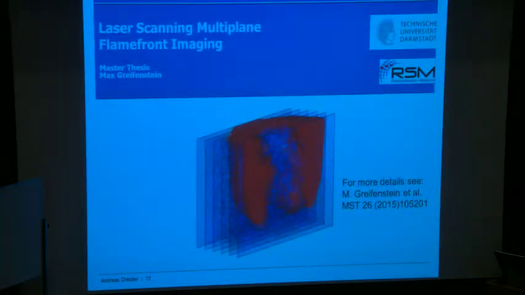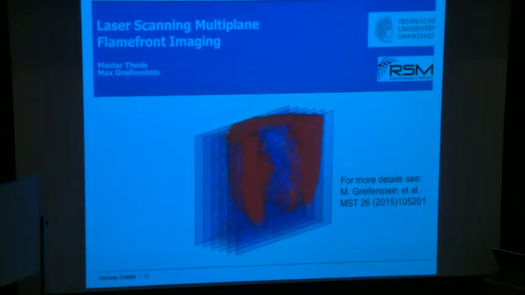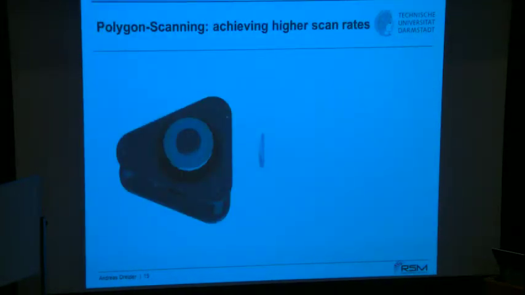How to do that? A couple, maybe two to three years ago, I looked for a capable student coming up with ideas how to do that better. And the simple idea is to use, instead of a galvo scanner going back and forth, which is always limited because of the inertia of mass, a polygon. A polygon, which is now operated up to 40,000 RPM, and in this case with 16 facets.